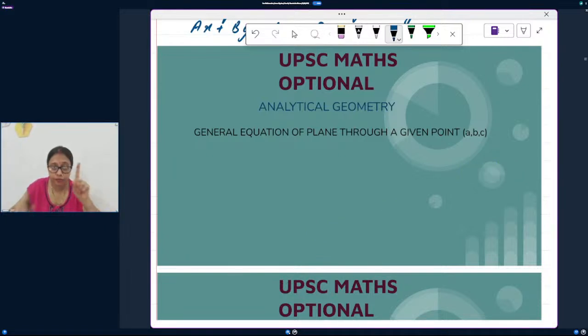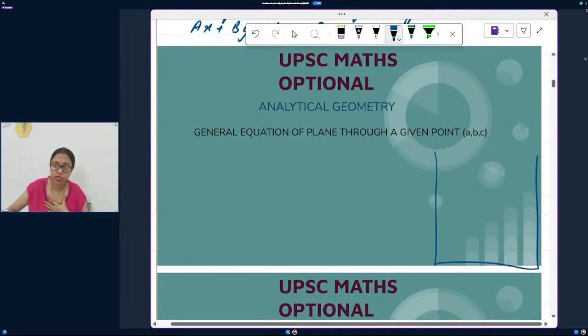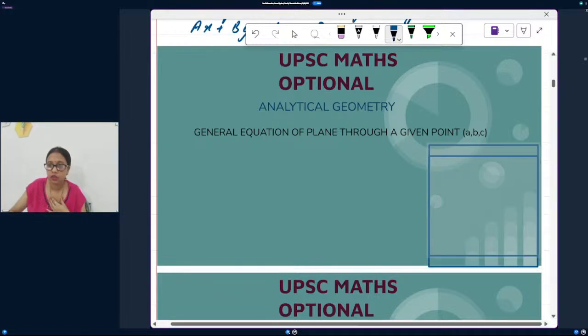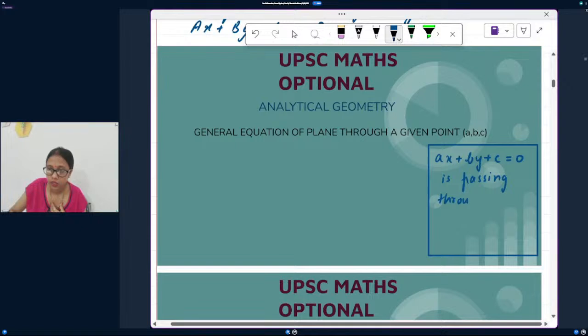If one information about the line ax plus by plus c is equals to 0 is passing through 1 comma 2, one information can eliminate one constant here.